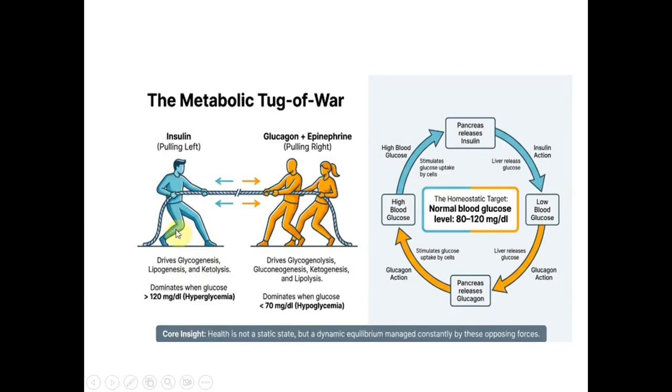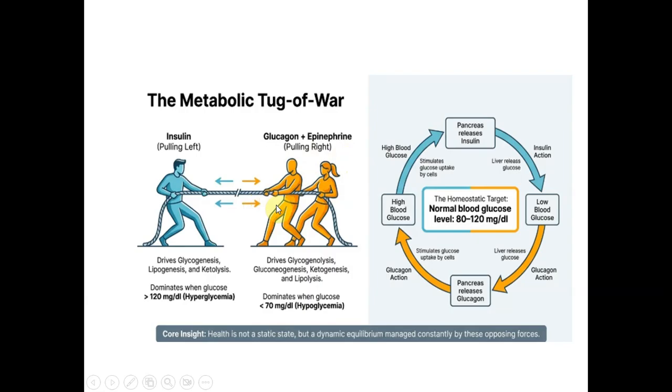These are the main metabolic functions of insulin, and it dominates when glucose is more than 120 milligrams per deciliter, in hyperglycemia. In contrast, glucagon and epinephrine have the opposite action.